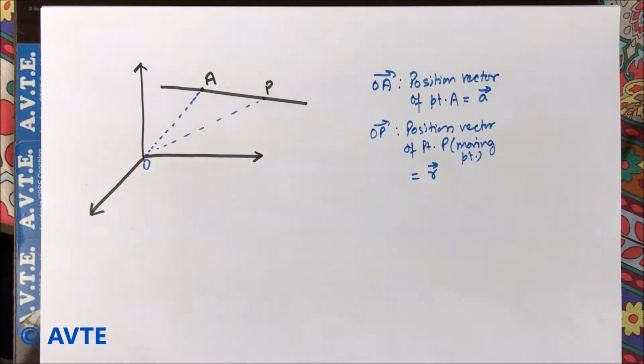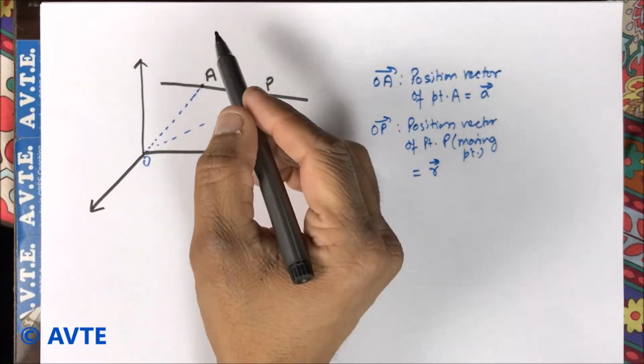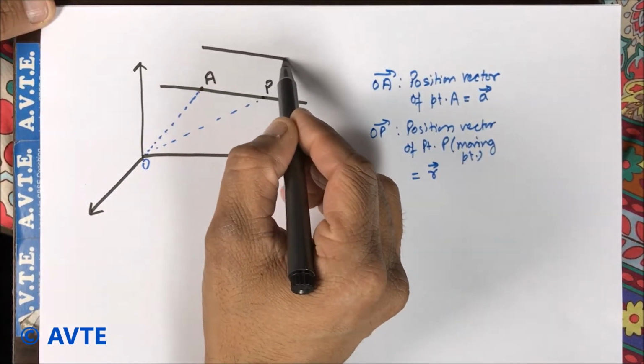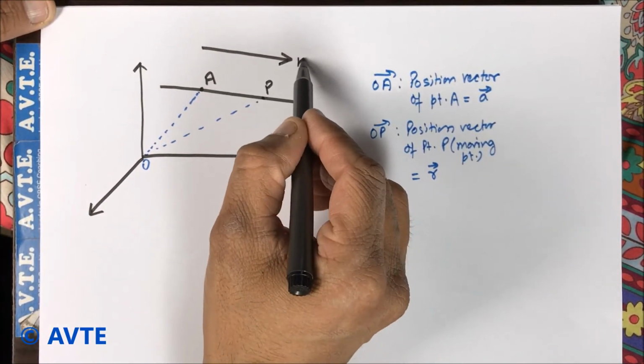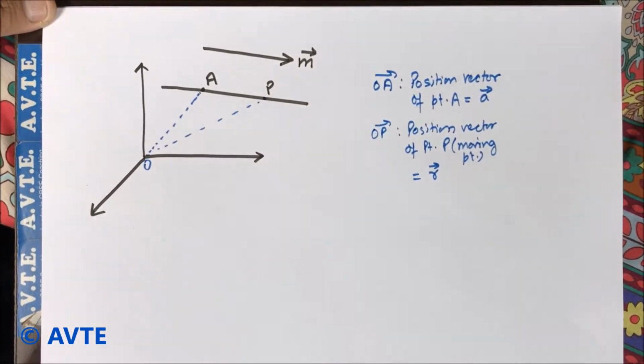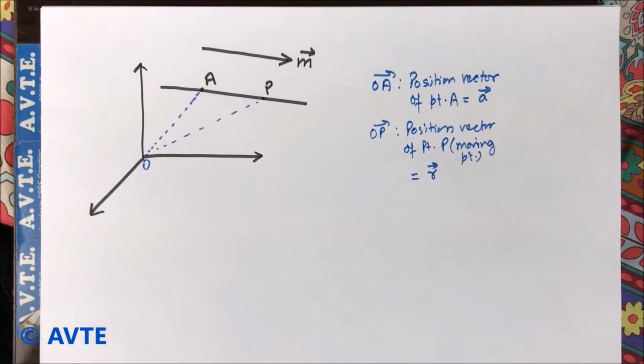Now, what are we doing? We are drawing a vector M. And you know that every ordinary vector, free vector, contains direction ratios. That's why it's a vector, because it will have a magnitude as well as direction.